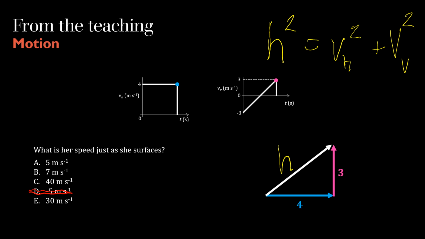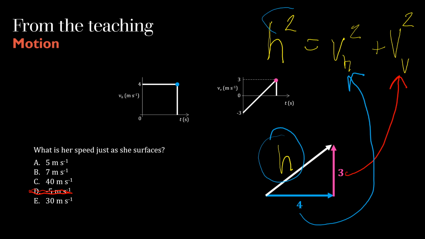And that almost gives us our answer, because we just need to plug in 3 into the vertical component and 4 into the horizontal component and square them. And that will give us her speed, but obviously squared. So we need to do one more thing, which is find the square root of all of that, and that will give us her speed. So let's go do that.